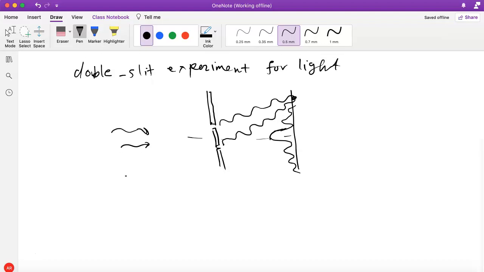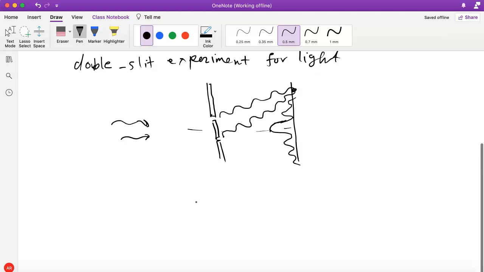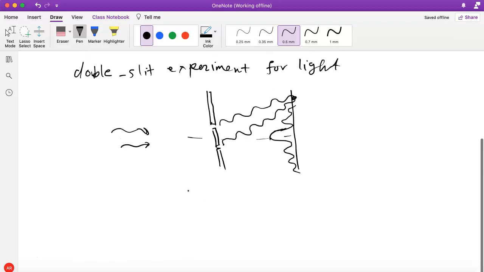Now, if you have particles, let's say a bunch of rocks or baseballs that you throw at a wall with two holes in it, and there's another wall behind it that's sticky, so when these particles go through the first screen, they reach the wall behind it and just stick there. What are we going to see?